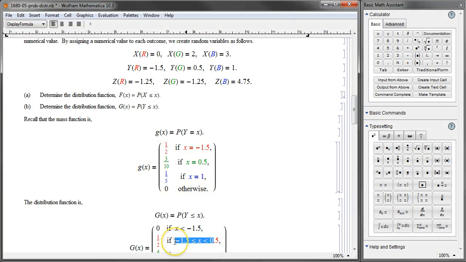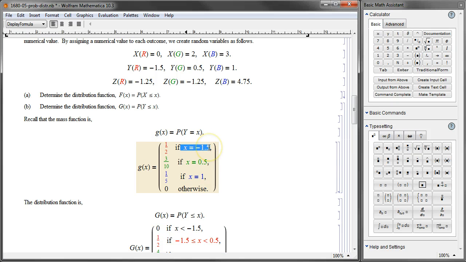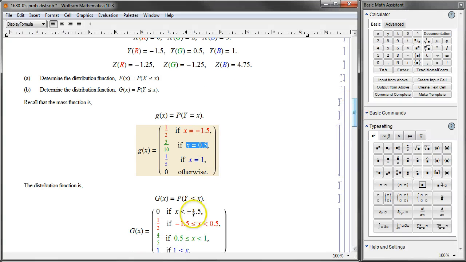Between negative 1.5 and 0.5, red ball kicks in, and then we have the probability 1/2. Now, next, at 0.5, green ball kicks in, so between 0.5 and 1, we have this accumulation, 1/2 plus 3/10, we get 4/5.